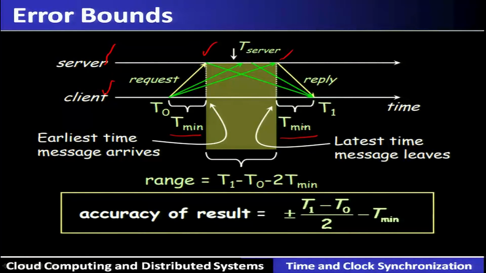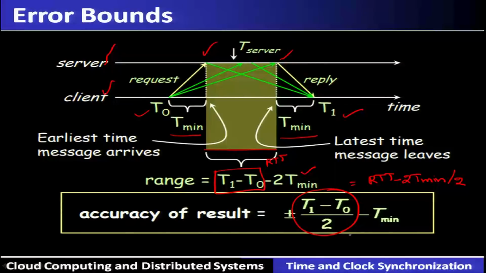So that range will be T1 minus T0, the round trip time, minus 2 times the minimum value, because both are the same. It is the same as the equation which we have seen. If we divide by 2, this becomes RTT over 2 minus T min. So this is the accuracy of the result of Christian's algorithm.